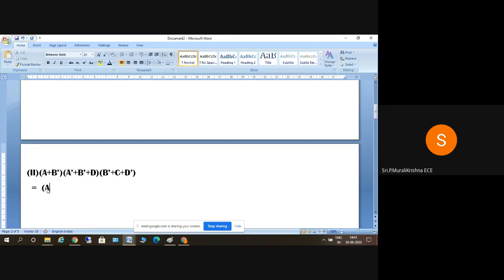Even so, to avoid confusion, we write A into A bar plus A into B bar plus A into D plus B bar into A bar, that is A bar B bar, plus B bar into B bar. B bar into B bar is B bar. Plus B bar into D, plus B bar into B. And this will be followed by this expression.